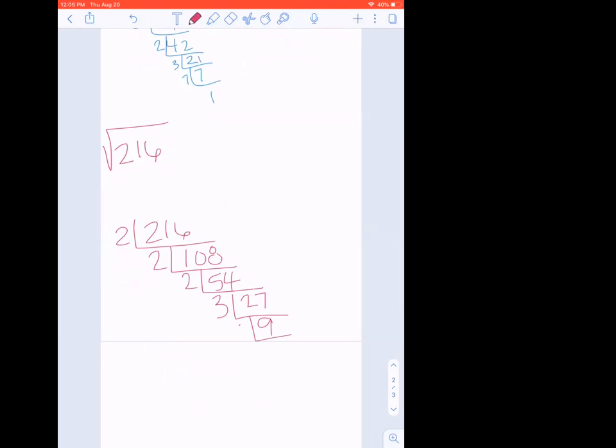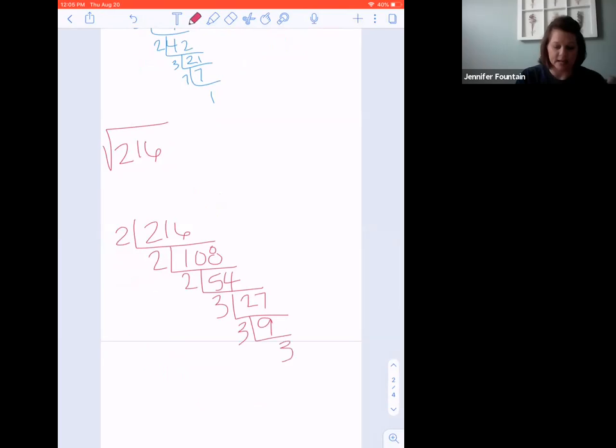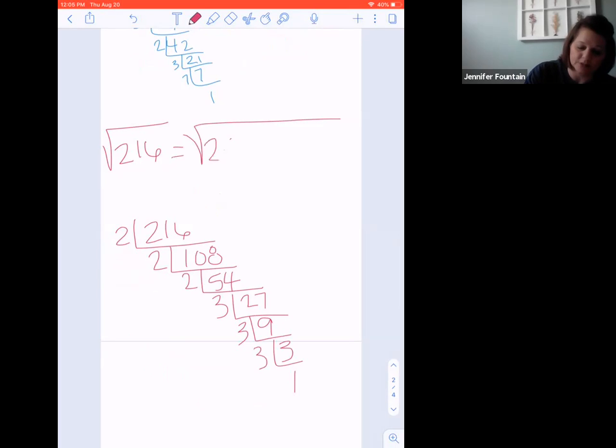Okay. 3 will go into 9 3 times, and 3 will go into 3 1 time. I've gotten down to 1, so now I know I have my prime factors. And they're going to be 2 times 2 times 2 times 3 times 3 times 3. You good with that? Yes, ma'am.